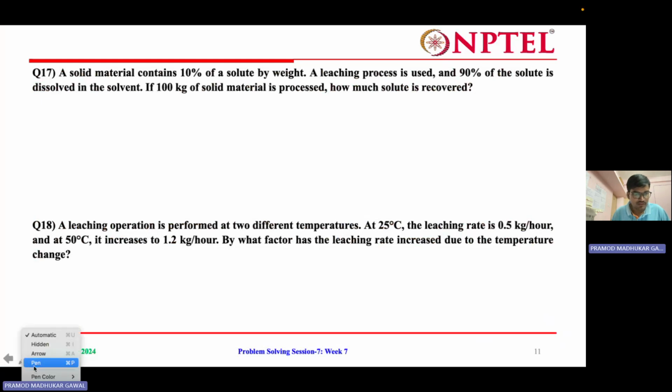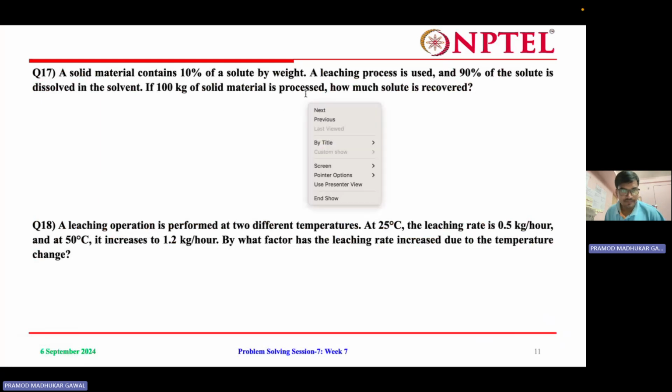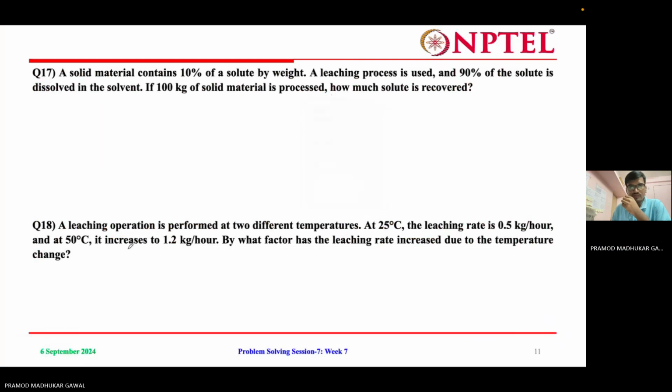Moving to question number 17. A solid material contains 10% of solute by weight. A leaching process is used, and 90% of the solute is dissolved in a solvent.